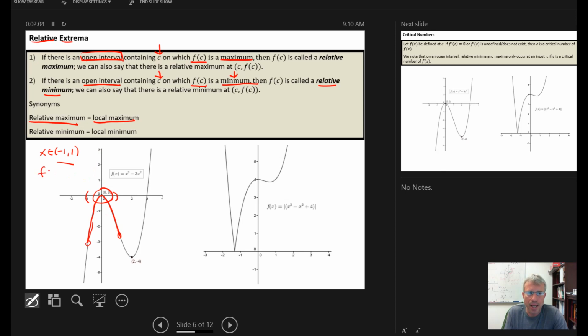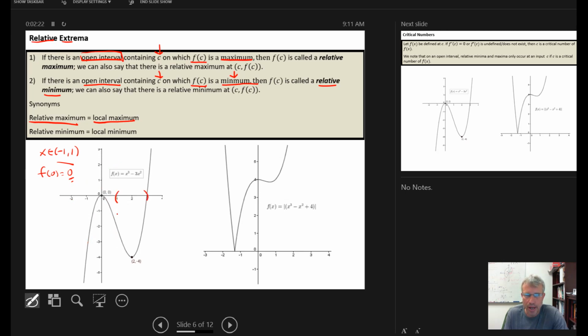So I could say f of 0 equals 0. So 0 is a relative maximum value over just this little open interval here. And then I could also look at the open interval from 1 to 3.